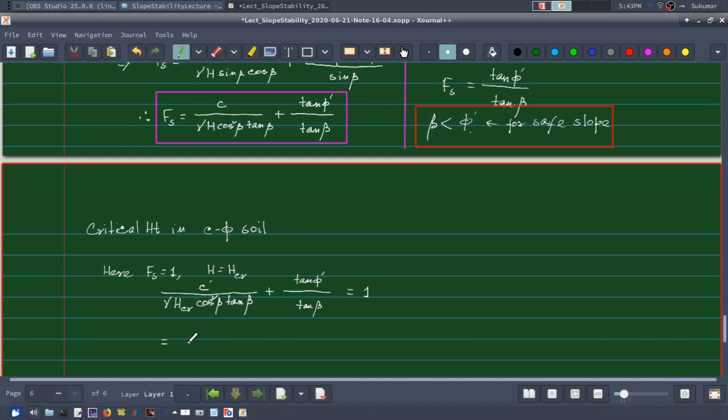So what I can do is, let me add these two fractions. If I write tan beta equal to sin beta by cos beta, I will get sin beta cos beta here.